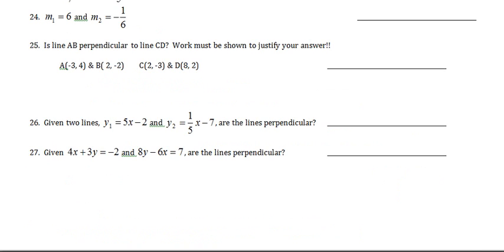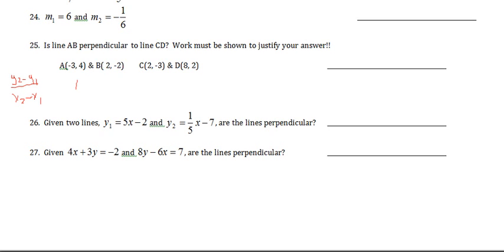Alright, here we go. So we got to figure out, are these perpendicular? Well, to find out if they're perpendicular, I need to know the slopes. And to figure out the slopes, I need to know the formula: y2 minus y1 over x2 minus x1.